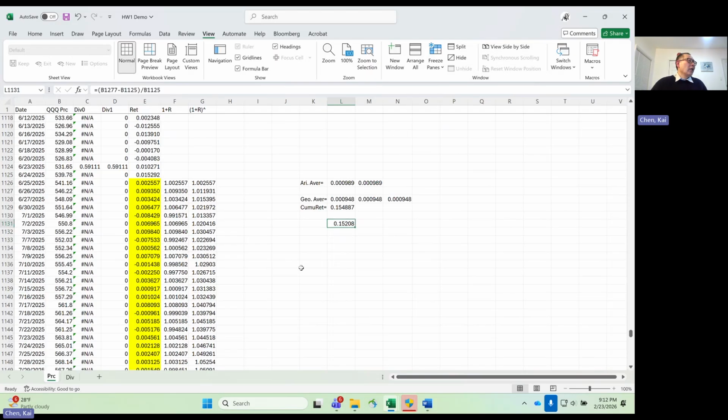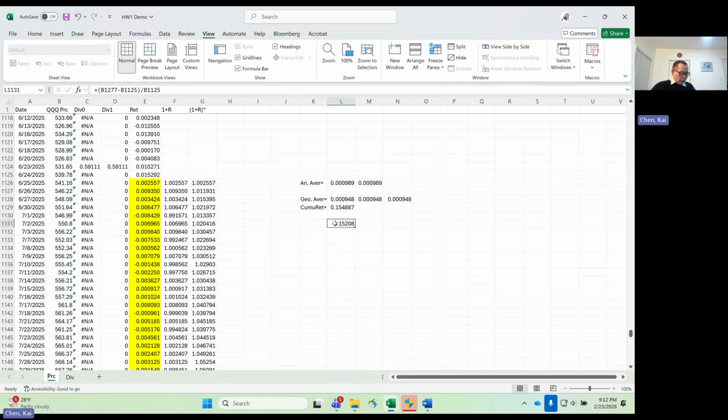Now we can see, I cannot say definitely, yeah, I can say this number is wrong. Why? Because it doesn't include the dividends. It ignores the time value of dividends. We can reinvest the dividend, and then the dividend can earn returns.